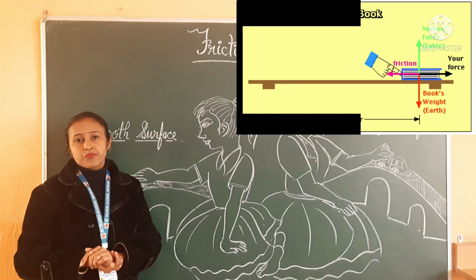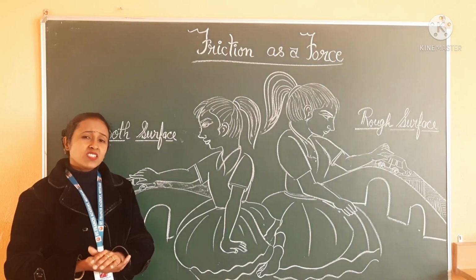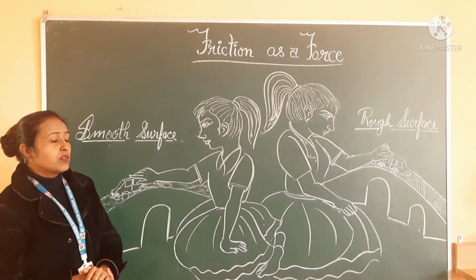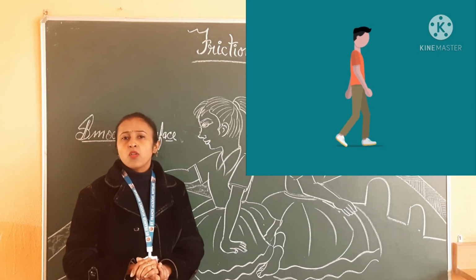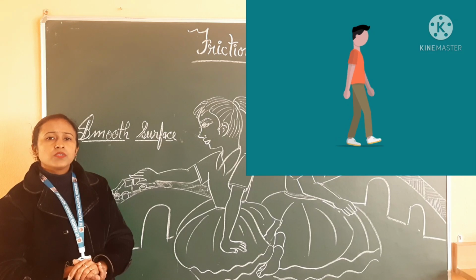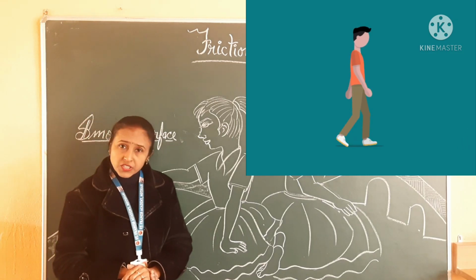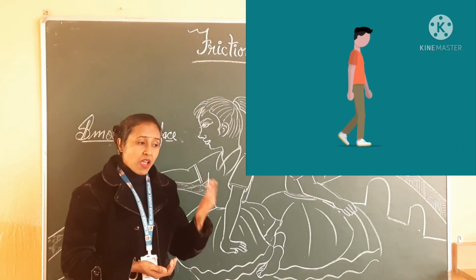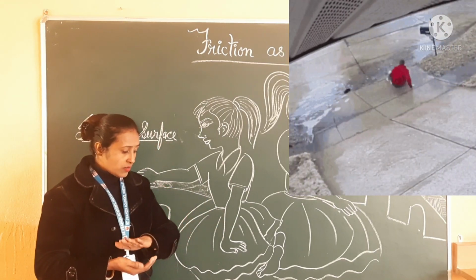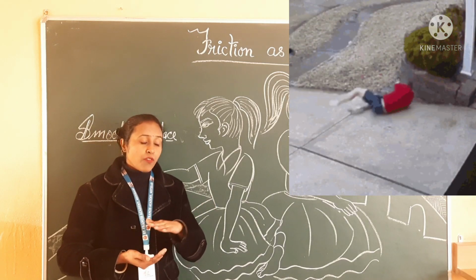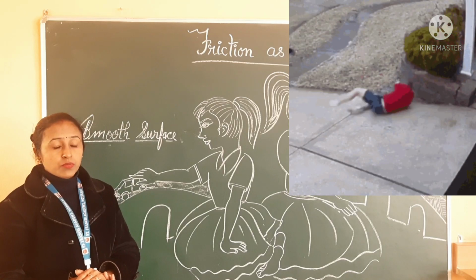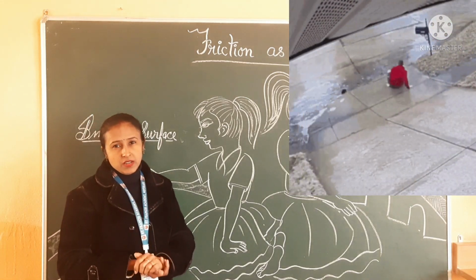Several examples are written in your book, like walking. All of you walk, right? All of you move on the floors because of friction. But sometimes we slip down because the surface is very smooth, so there is very little friction.